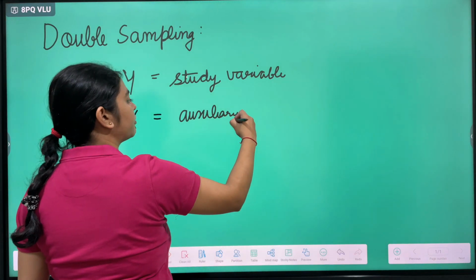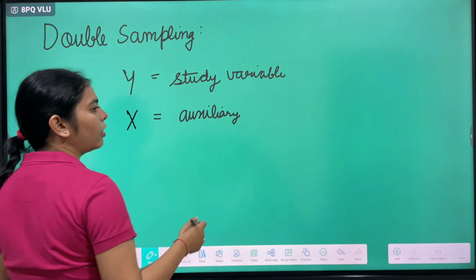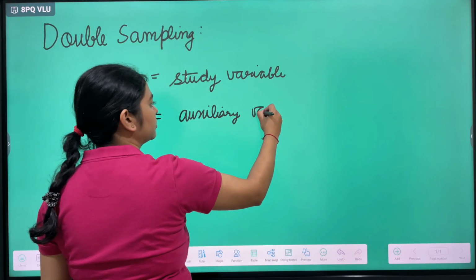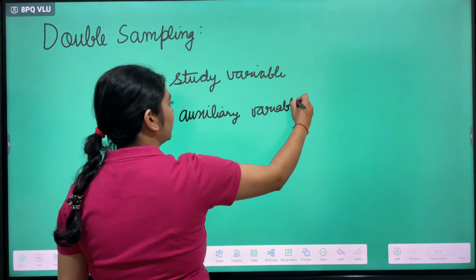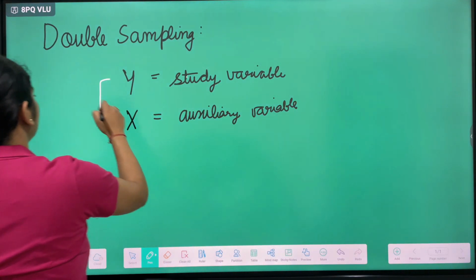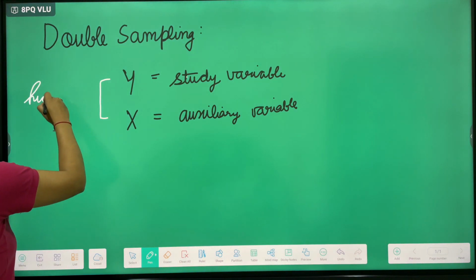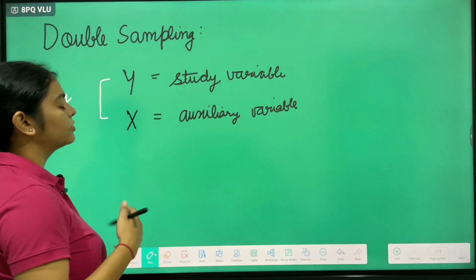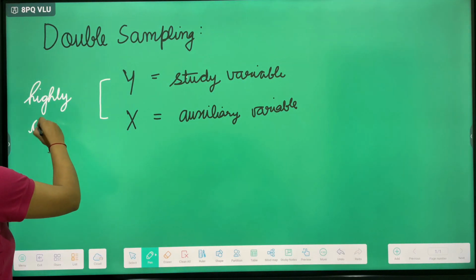Auxiliary variable is the one which provides some information, or which is pre-known for the study variable, and both of them are highly correlated. As x provides information on y, so this must be highly correlated.